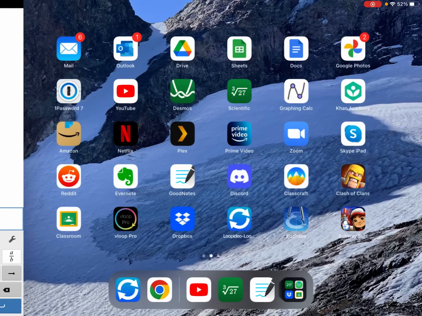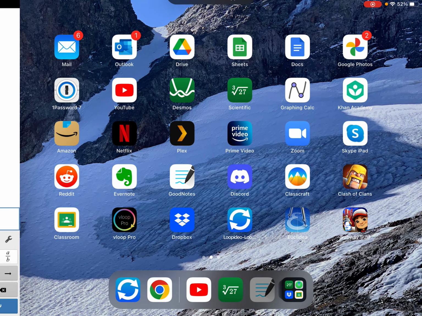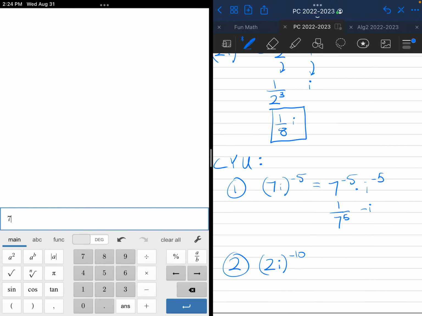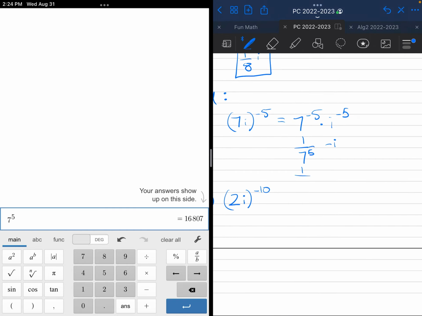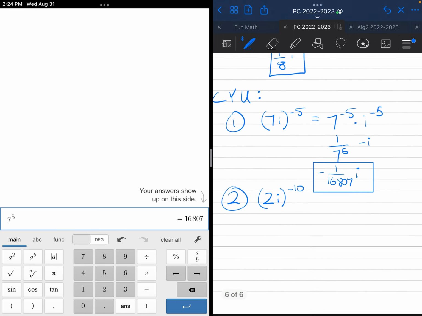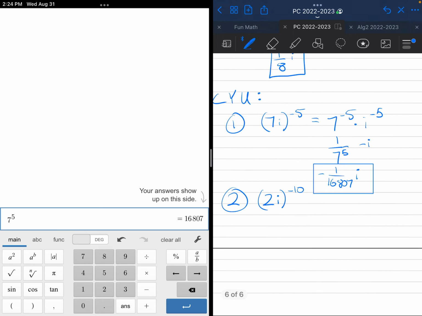I can do a split screen here and put you on one side, put you on the other, and say 7 to the power of 5 is 16,807. So I can say that this is 1 over 16,807. There's an i there, there's the negative, and there is our final answer, which I will make into a nice box. Cool. Next problem.